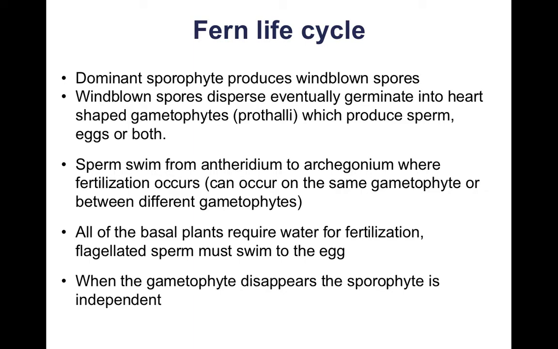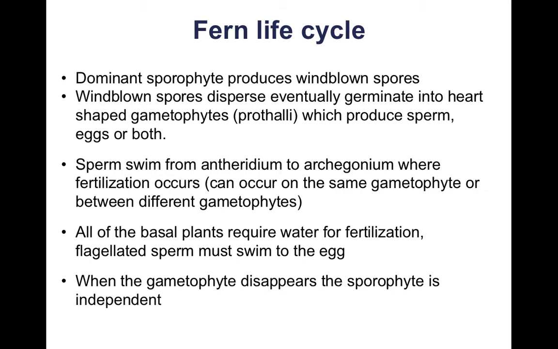So they can produce a female gametophyte or a male gametophyte. And then the sperm are flagellated, and they have to swim from a structure called the antheridium, where the sperm is produced, to the archegonium, where the egg is produced. And fertilization is going to occur in the archegonium.